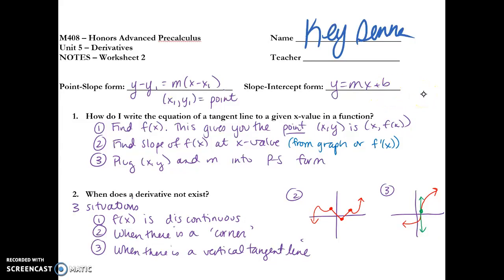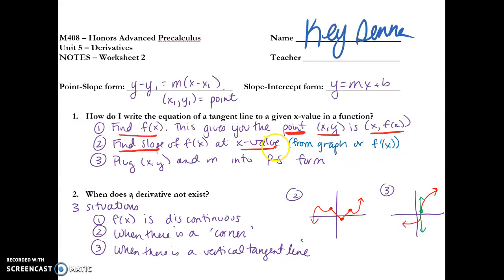Now, when we write the equation of a tangent line at a given x value of a function, there are three things that we need to do. First, for f of x, we want to find the point x, y, and we can write this point as x comma f of x. Once we have the function and know which point we're working with, we want to find the slope of this function at that x value.